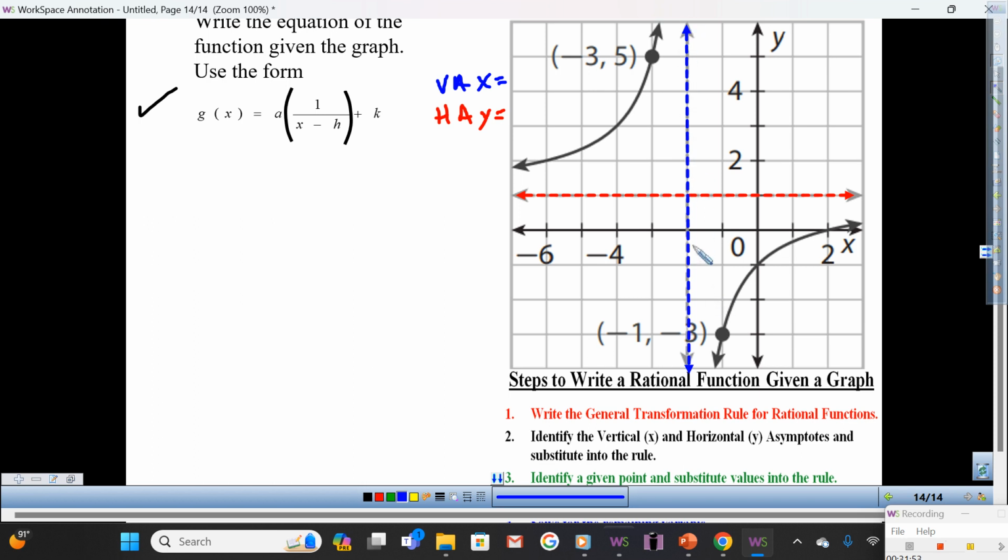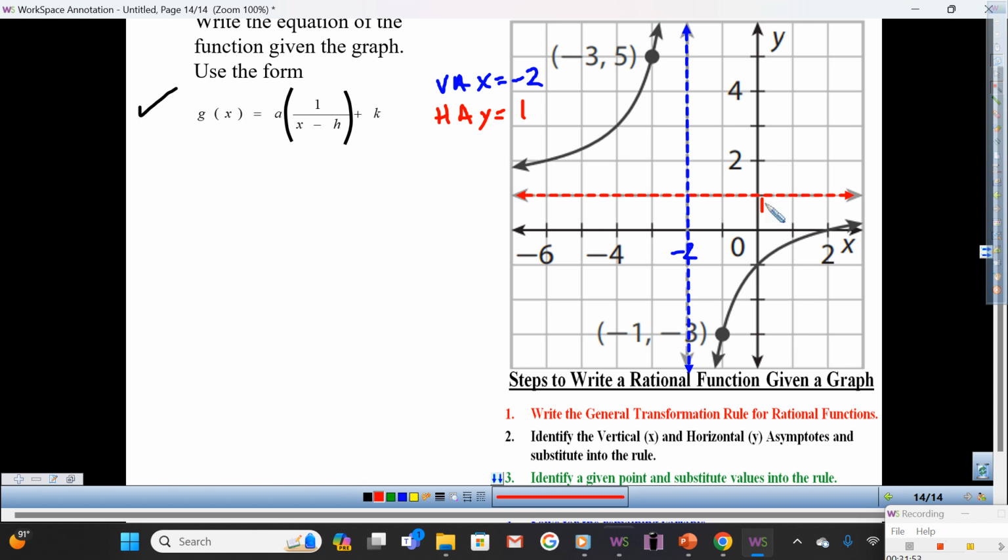Here's a blue one. Our VA is -2. That is correct. Write that in there, -2. What is our HA, Emily P.? 1. Yes, right there. 1. Okay, so we got that.